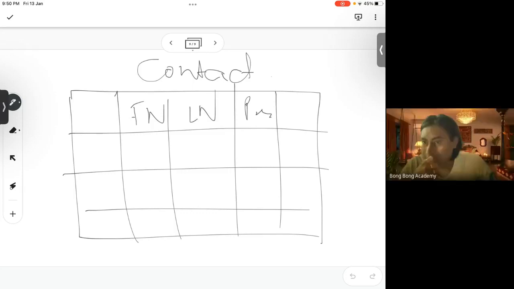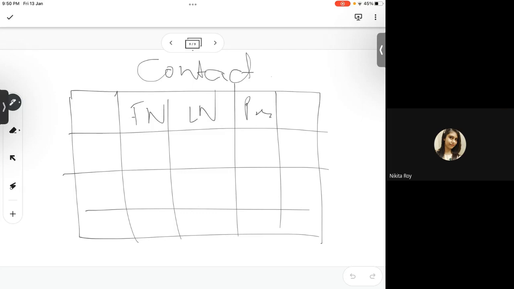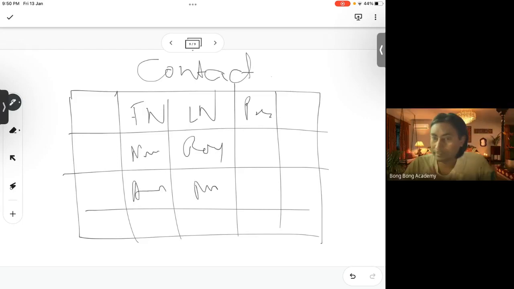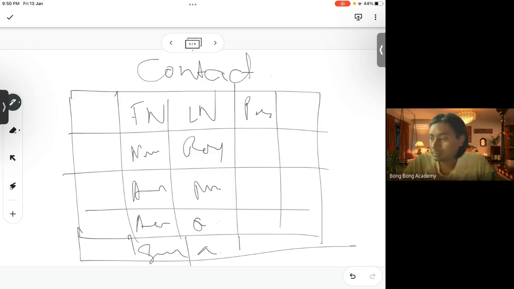Give me some examples. Maybe Nikita Roy, Abhishek Mandal, Arijit Ganguly, Swastika. Who belongs to TCS? Who belongs to Cognizant?